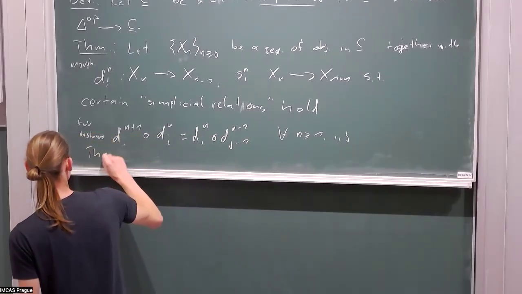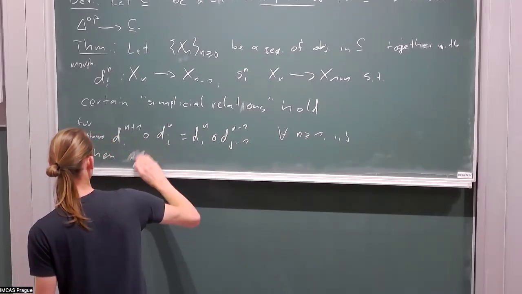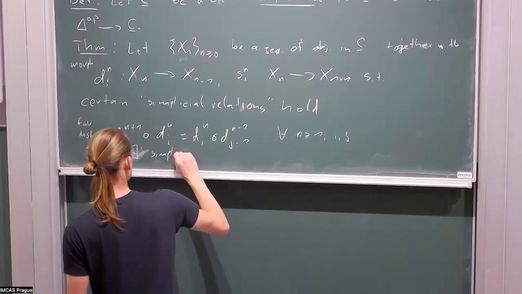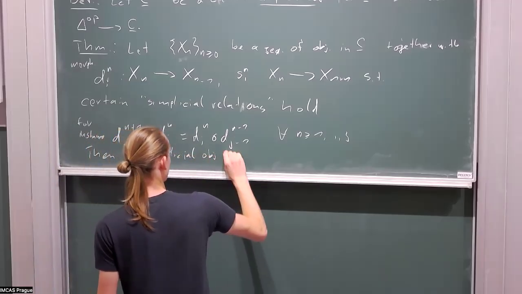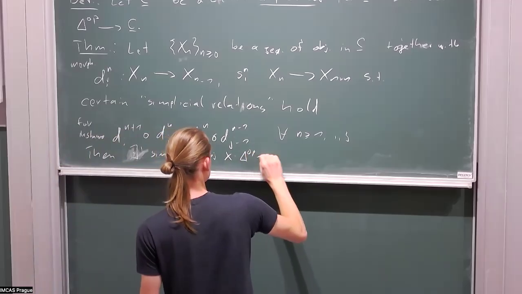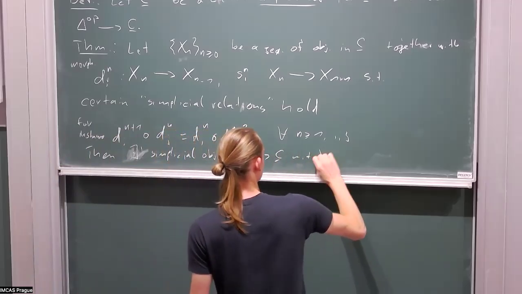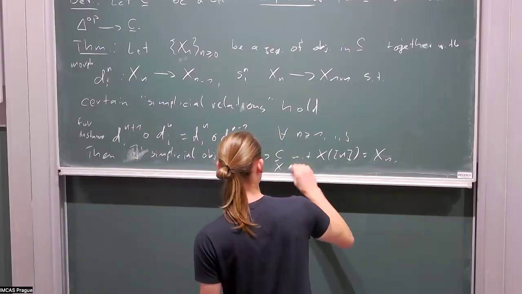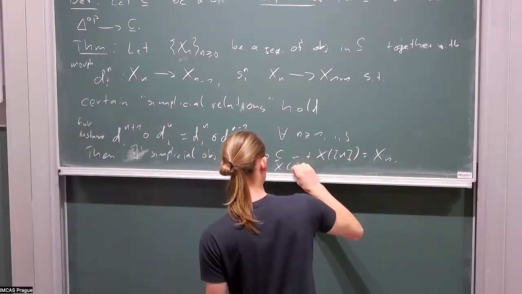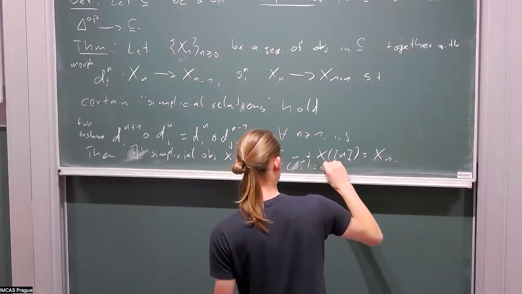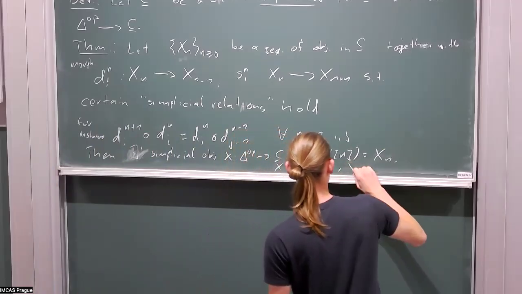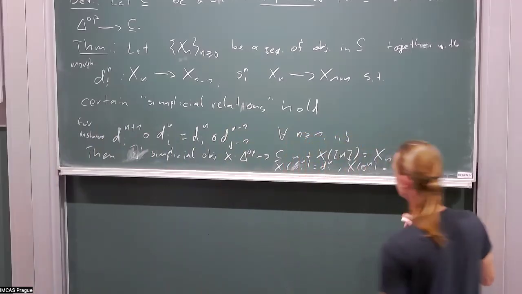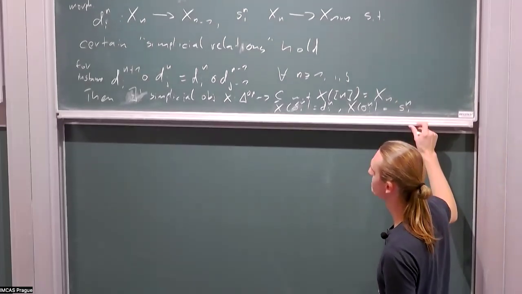So anyway, then there exists a unique simplicial object with X of [n] being X_n, and X of delta_i^n is d_i^n, and X of sigma_i^n is s_i^n.